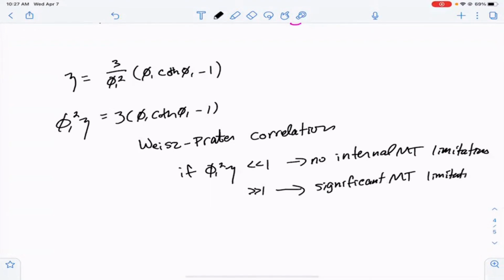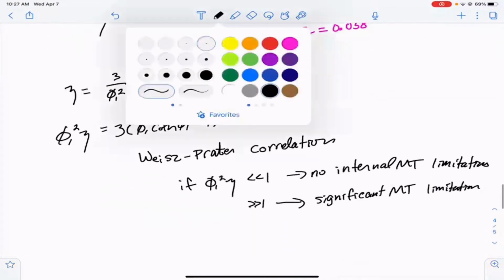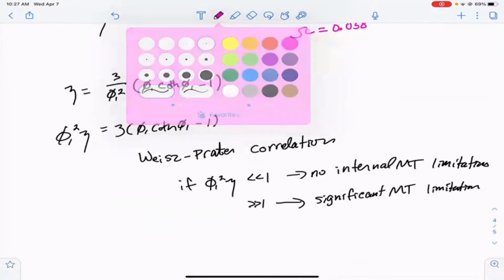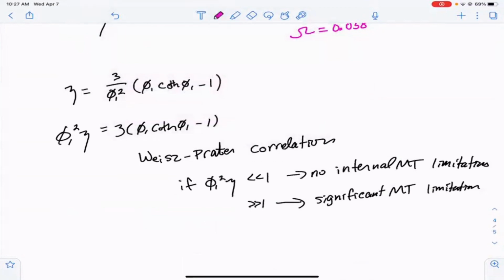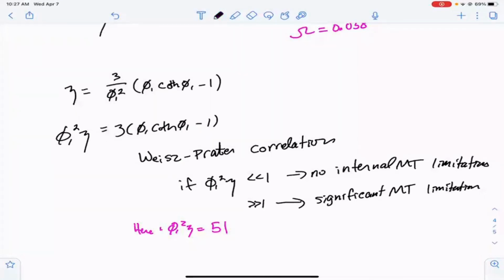And now if we actually look at that, remember the Thiele modulus in this problem was 324, if I remember correctly, and our internal effectiveness factor was 0.197. So if you take the product here, that product is equal to 51, which is much greater than 1. So obviously we have significant internal mass transport limitations. So that's for internal mass transport.